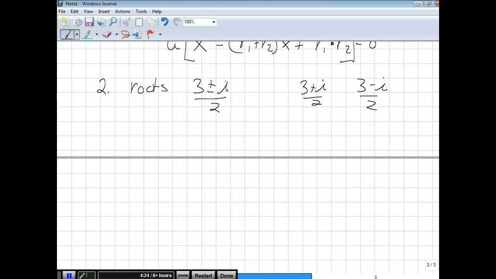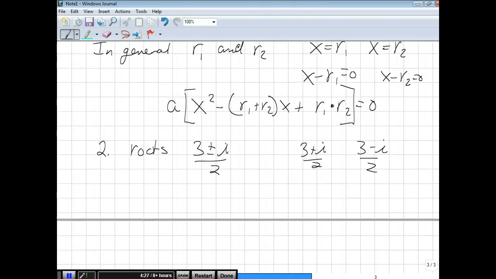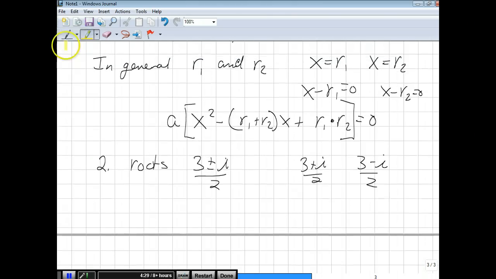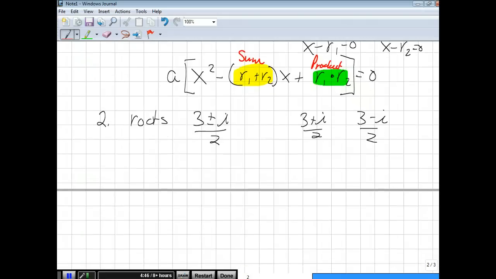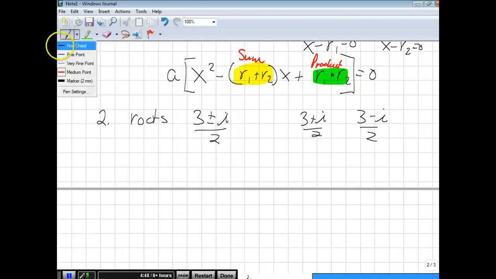So using this above formula, this represents the sum of the roots, and this represents the product of the roots. Okay? So first thing we want to do is find the sum.